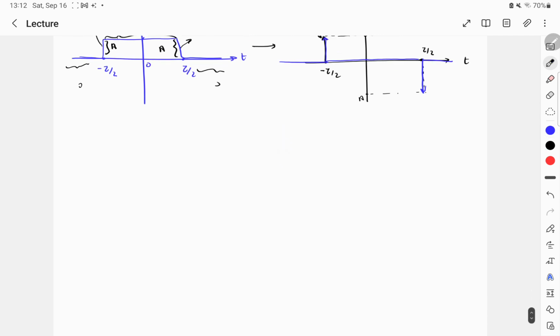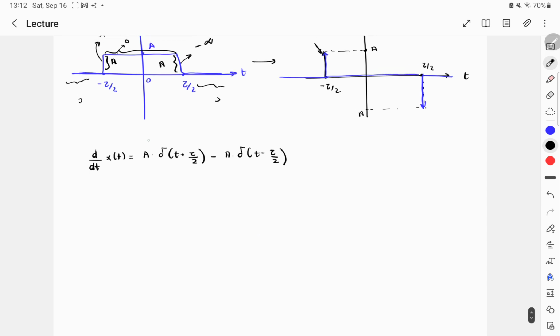In order to obtain the Fourier transform, we will write d over dt of x of t is equal to a times delta of t plus tau over 2 minus a times delta of t minus tau over 2.